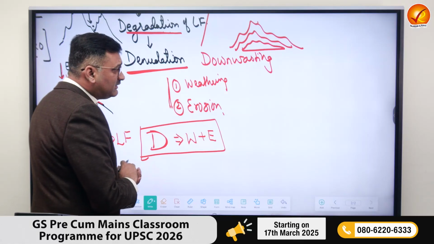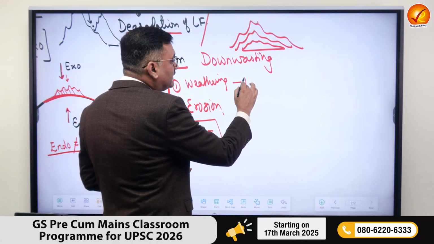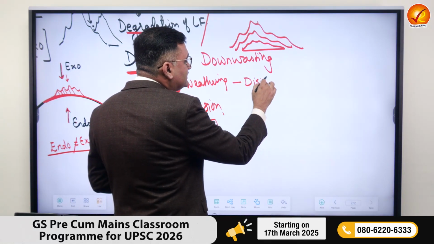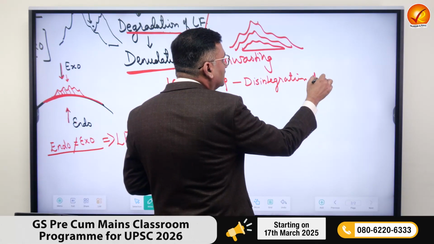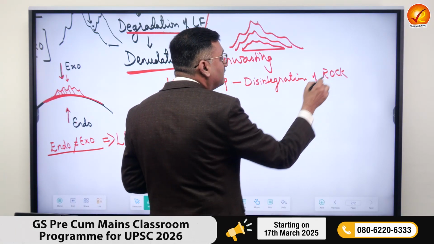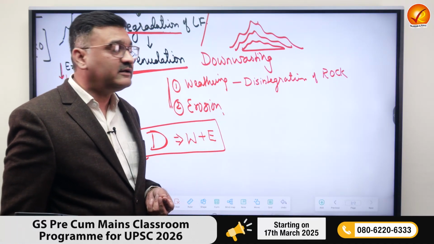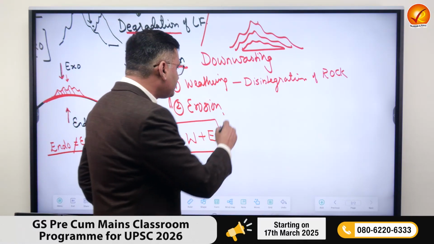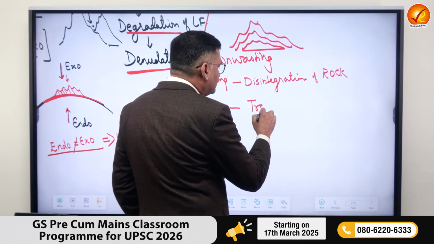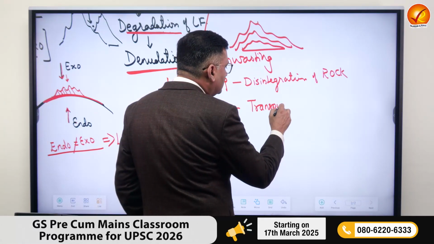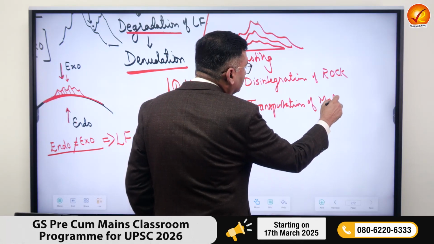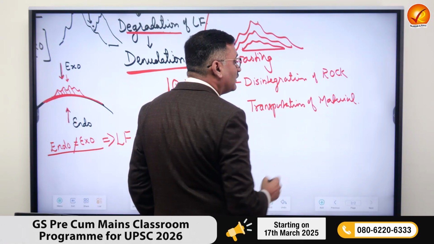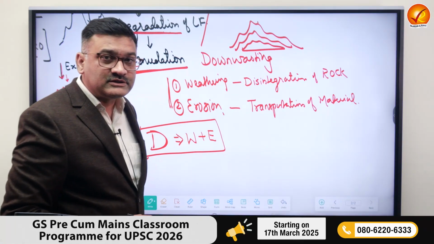To begin with, what is weathering? Weathering is a disintegration of the rock. When the rock breaks, it is known as weathering. And what is erosion? Erosion is a transportation of material or sediment or debris from one location to another.